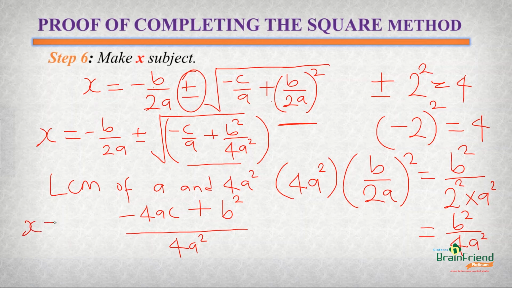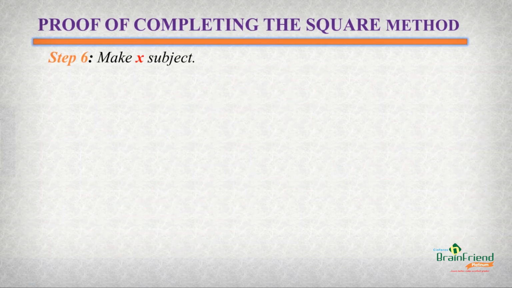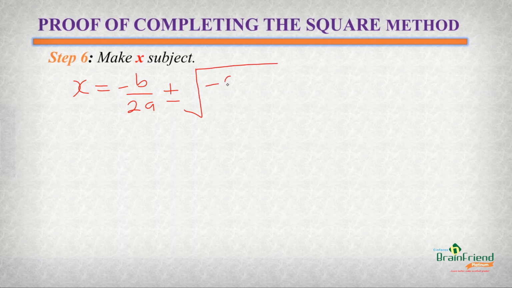X is equal to minus b over 2a plus or minus square root of what we just found now. Remember from our last equation, we have been able to establish that x is equal to minus b over 2a plus or minus square root of minus c over a plus b squared over 4a squared.